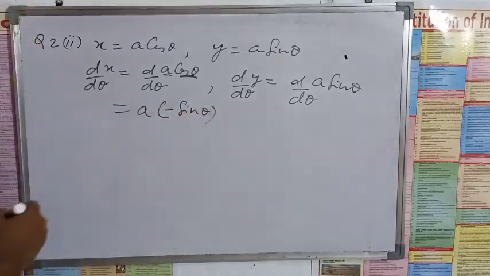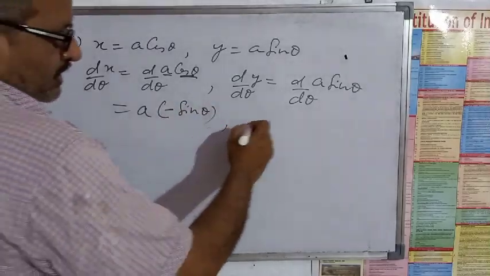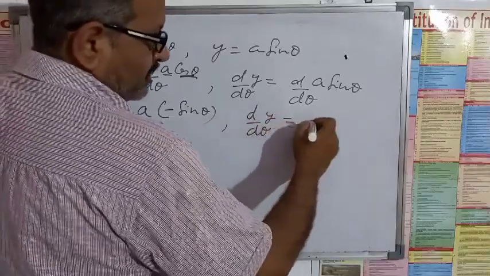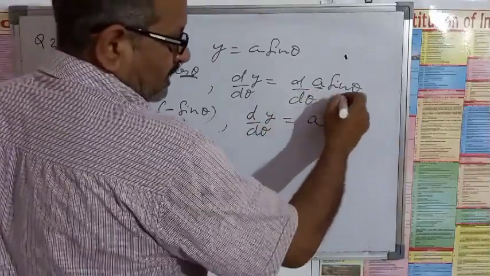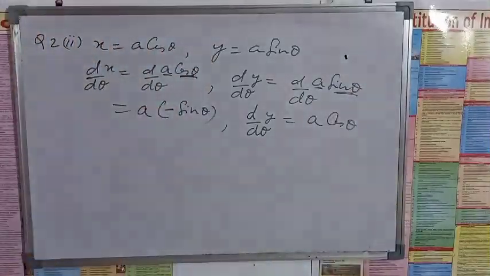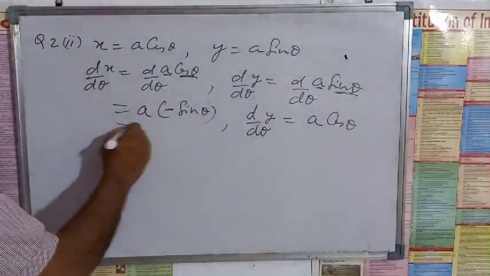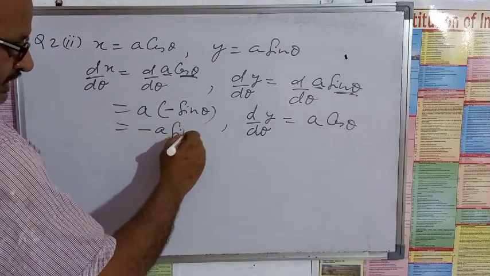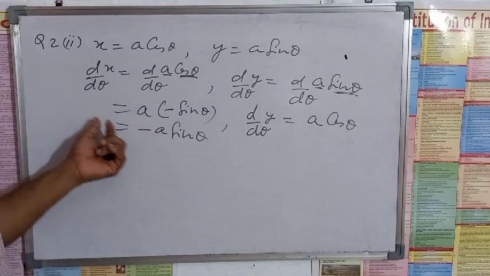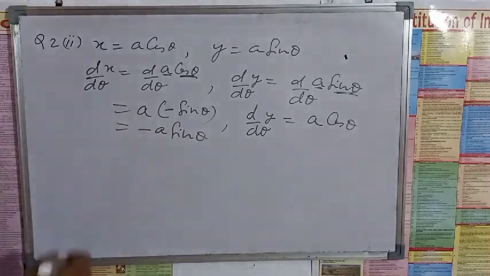Minus sin theta. And for d by d theta of y, a is constant and the derivative of sin is cos theta. So dx by d theta is minus a sin theta, and dy by d theta is a cos theta. We have found both.